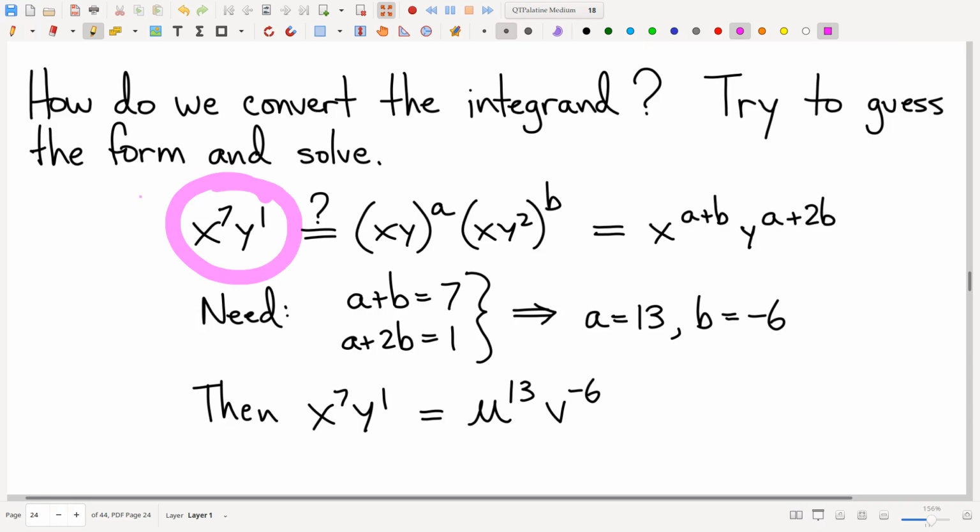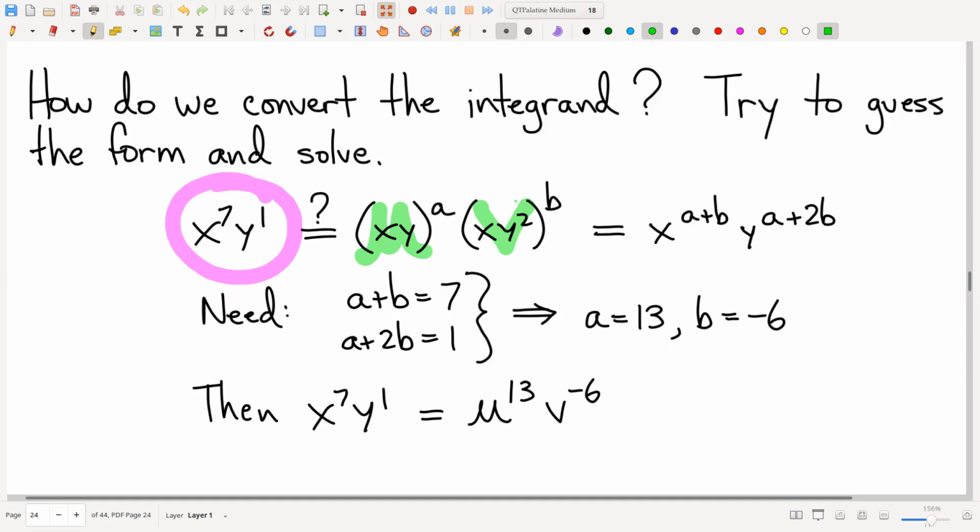I want to write that in terms of u and v. Keep in mind u is xy and v is xy squared. And now here's where guessing the form comes in. You just have to make a reasonable guess every time. It's always going to be different. In this case, I'm looking at what I have, and I see a product of powers of x and y.